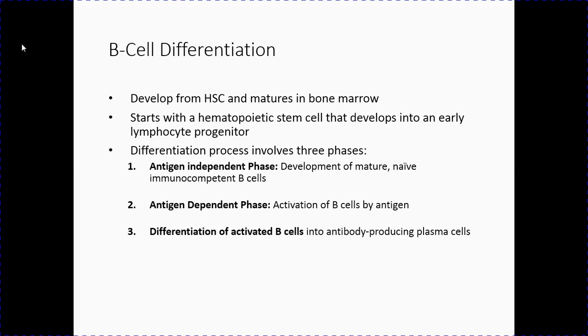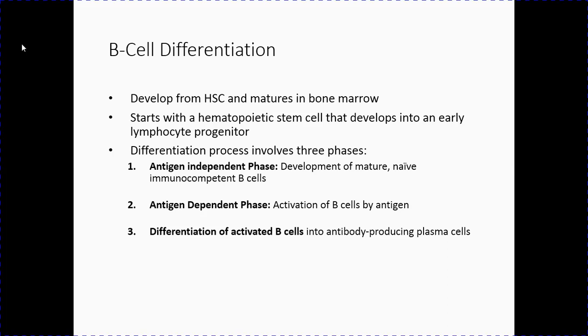The differentiation process can be broken down into 3 distinct phases. The first is the antigen-independent phase. At this point, we develop all the way from the common lymphoid progenitor through mature but naive immunocompetent B cells. That is, they haven't been challenged by a foreign antigen yet. They haven't encountered an antigen yet.